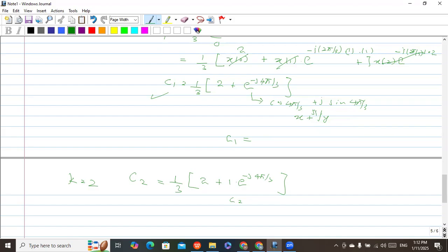Cos 4π/3 and sin 4π/3. Can anyone tell me?